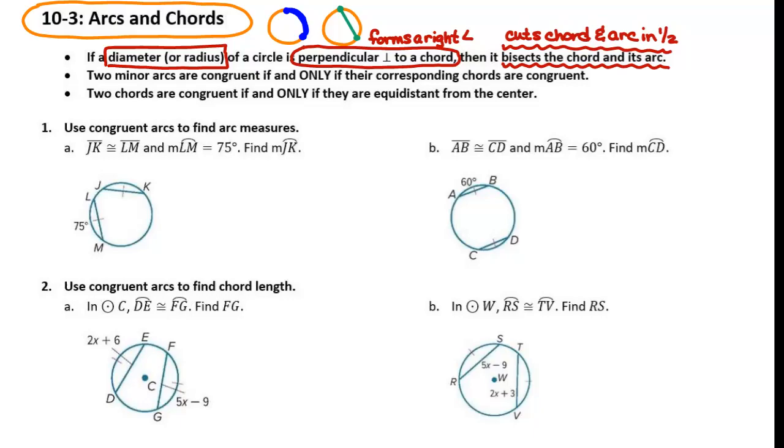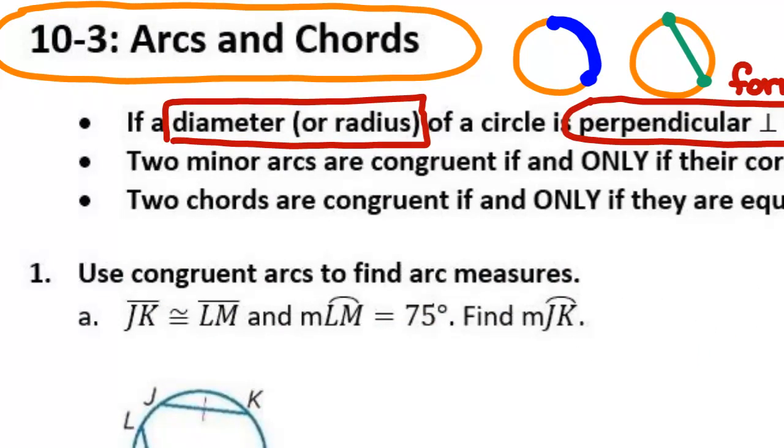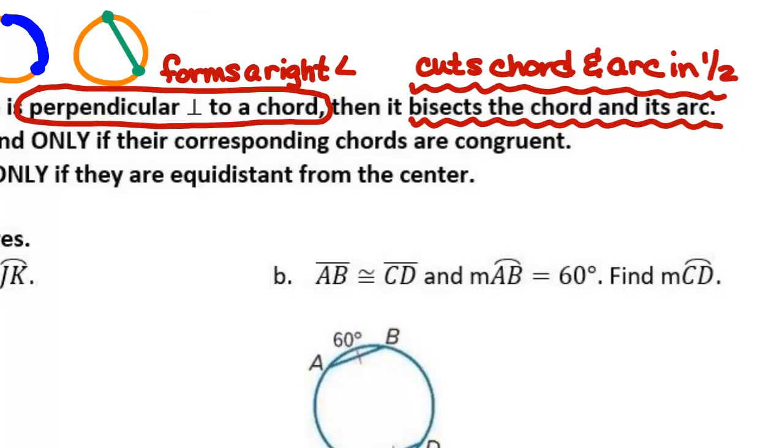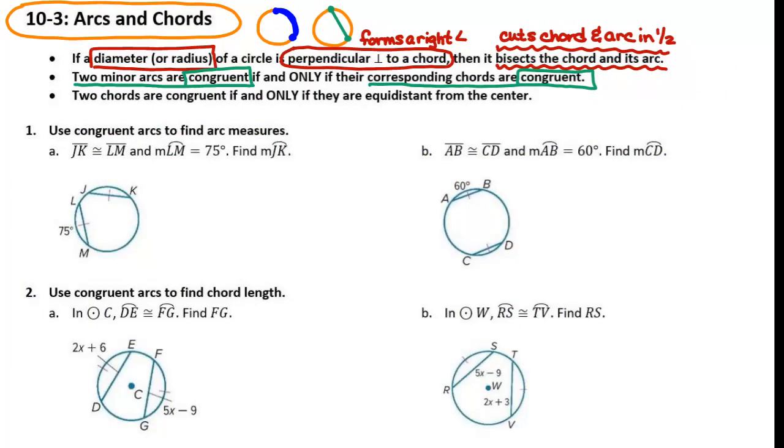All right. Second property of arcs and chords. Two minor arcs are congruent if and only if their corresponding chords are congruent. So if I have two chords that are congruent, then the arcs that they are capturing are congruent.